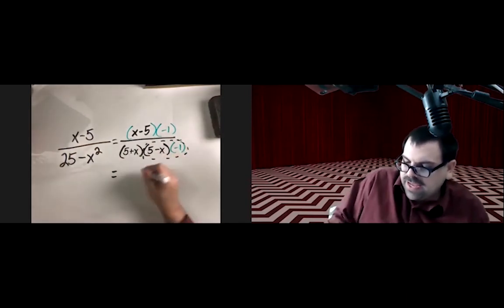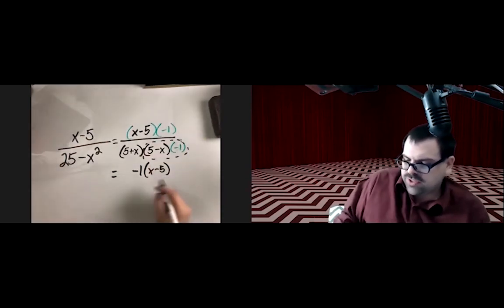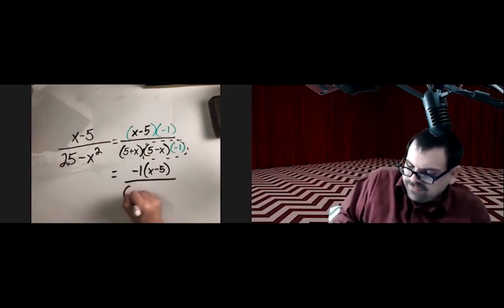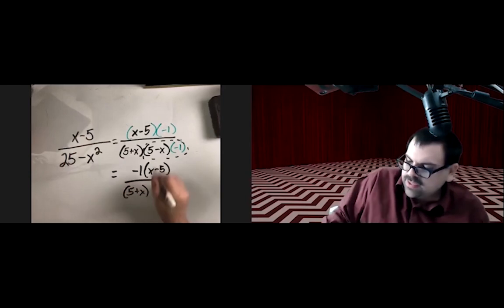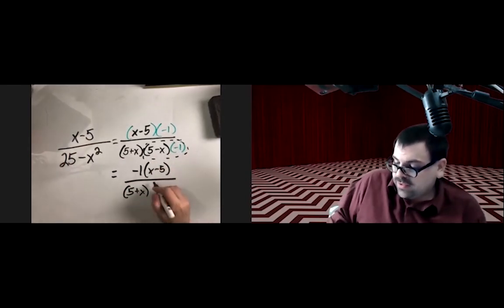So on top, I have negative 1 times x minus 5 still. I'm just switching the order. On the bottom, I have 5 plus x times, well, what happens if I multiply this by negative 1?